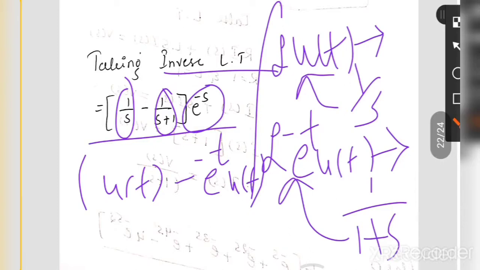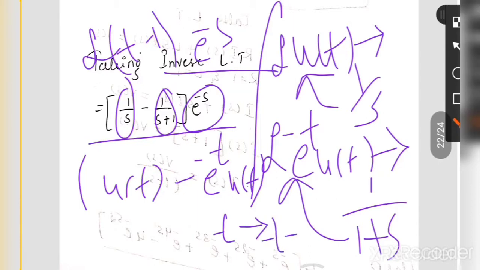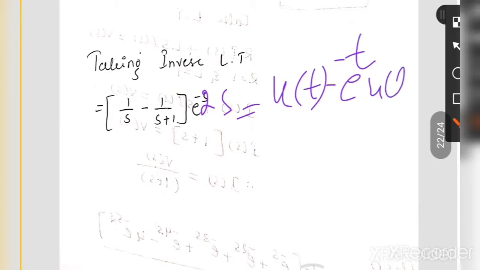Then what about the delay? What do we mean by e raised to minus s? It is nothing but a delay of 1, so t should be replaced by t minus 1. Similarly, if it is 2s, the expression remains the same, u of t minus e raised to minus t into u of t, where t is t minus 2.